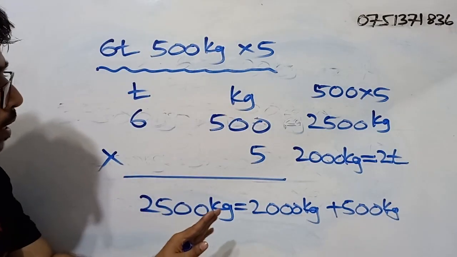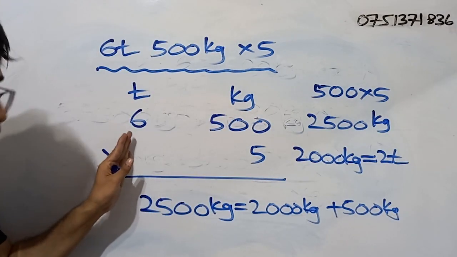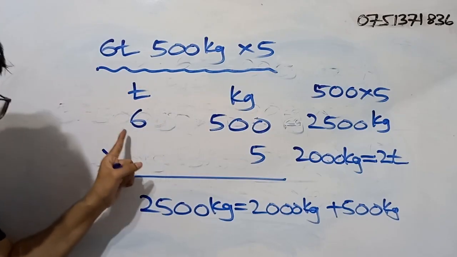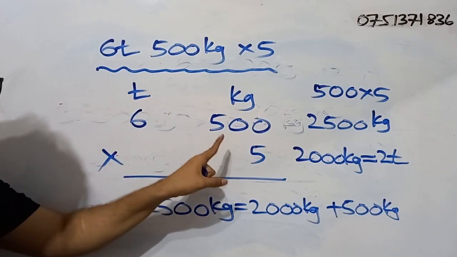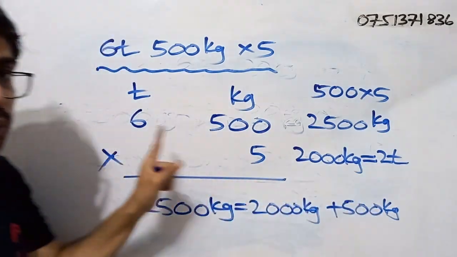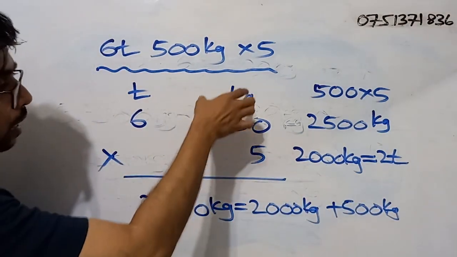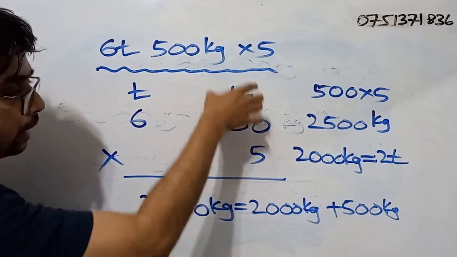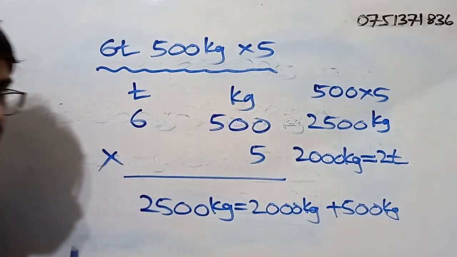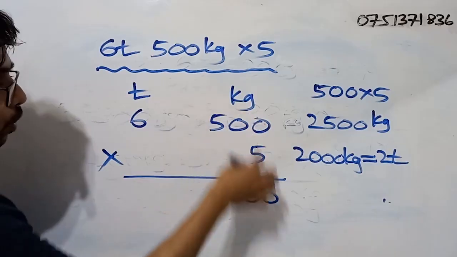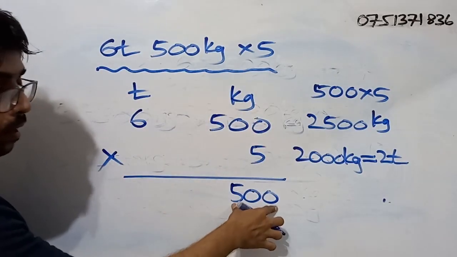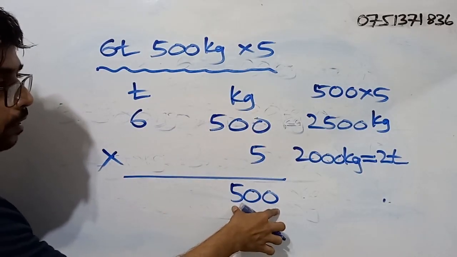What we do is, after we have finished multiplying metric tons by 5, we add 2 tons to that value. So what's the value that we can write under kilograms? This 500. So under the kilograms column, we can write 500. So this is 500 kilograms.